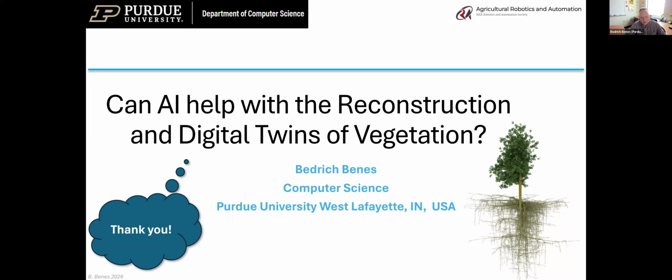So I think this is one way you can get ground truth. I would be very cautious. As I mentioned, people are prone to errors, so you need to repeat these experiments. But I think getting ground truth data in biology and in agriculture is a really important open problem. Of course, procedural models can help, and I've been working with procedural generation of vegetation for 40 years, and I know exactly what the limitations are.